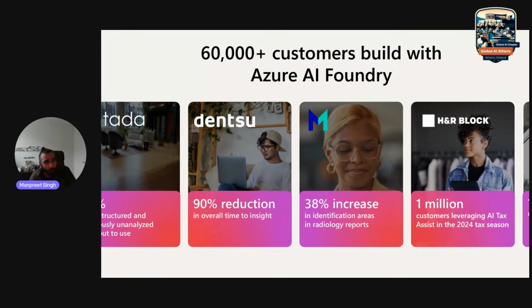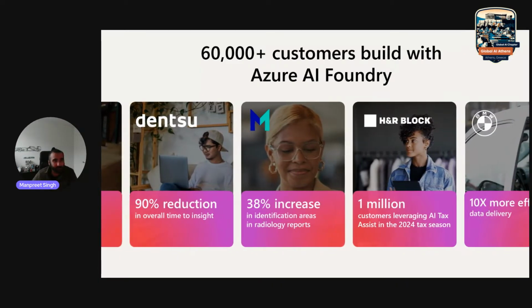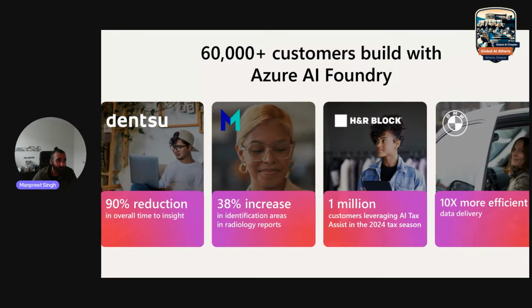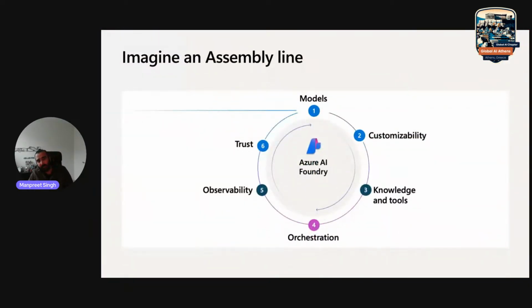I think this number is old and wrong. I would say every customer has started building on Azure AI Foundry agents. There are so many agents because what Azure AI Foundry is providing you is an assembly line. You are able to choose your own model. It's not forcing you to choose OpenAI only or GPT only or its own foundation model only.